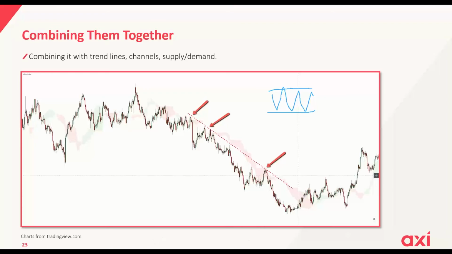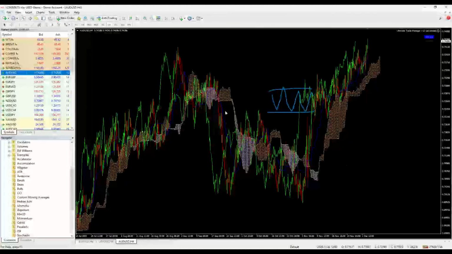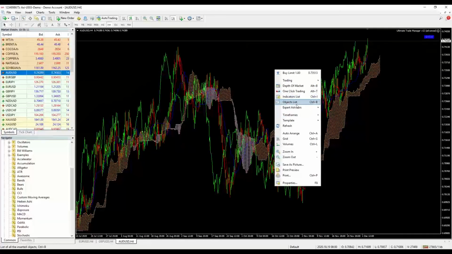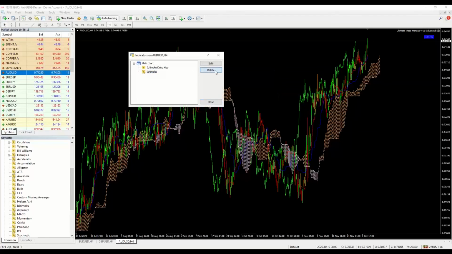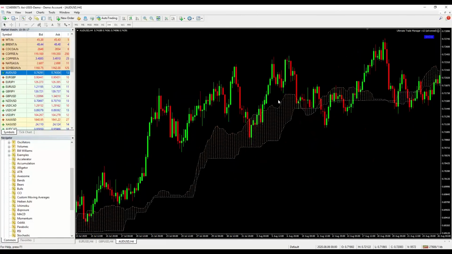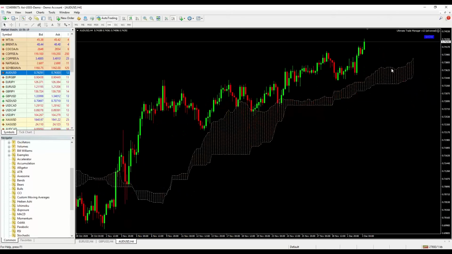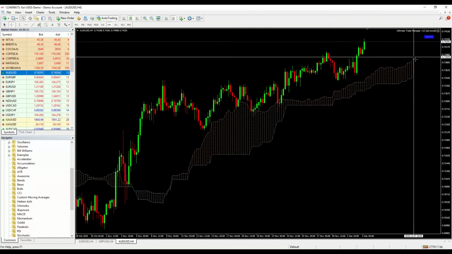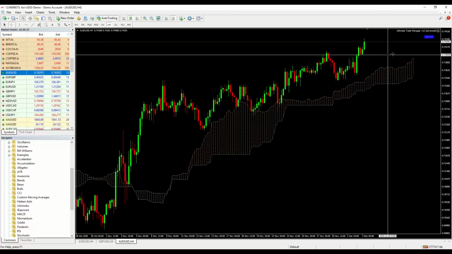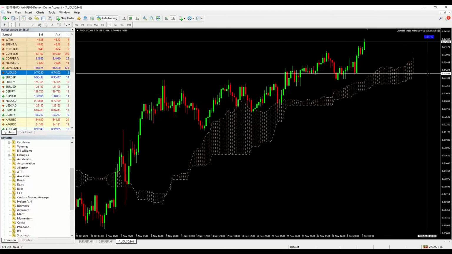The thing about Ichimoku, when you look at it, is interestingly, I'm just going to erase all drawings. I'm just going to remove this second indicator, right? Now, the interesting thing about Ichimoku is that if you look at it over here, it forecasts into the future where the support is going to be.